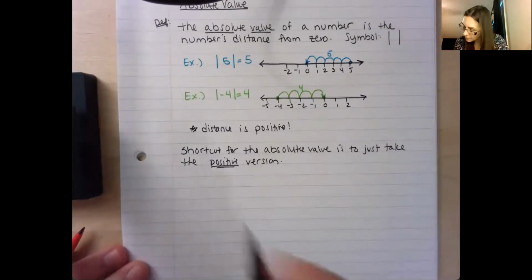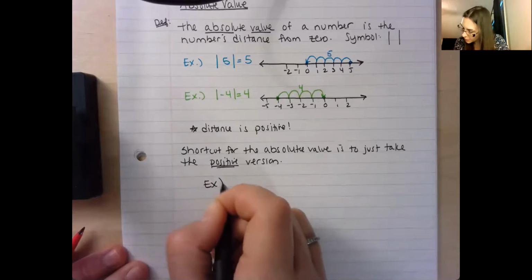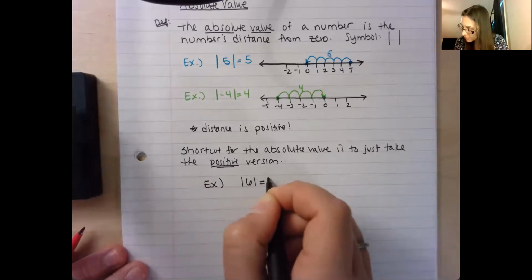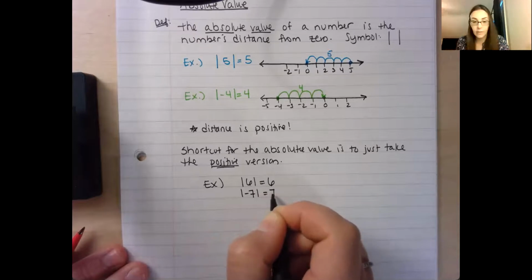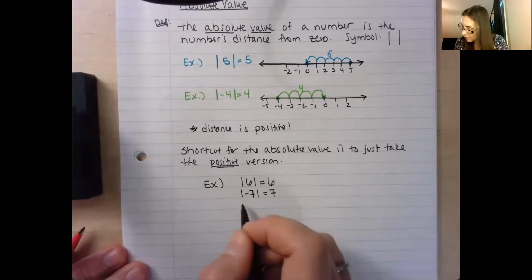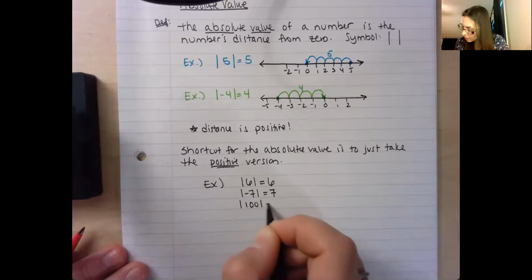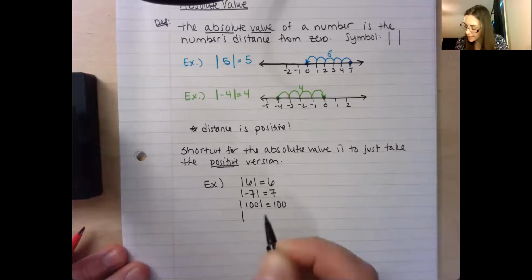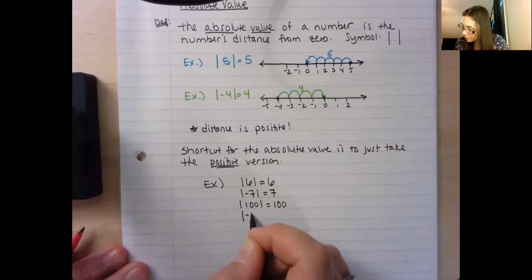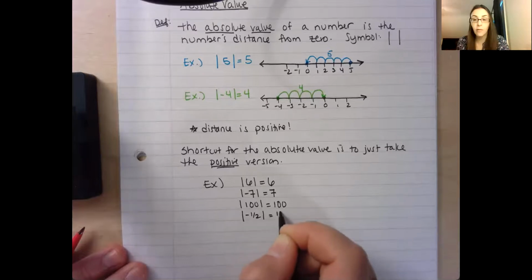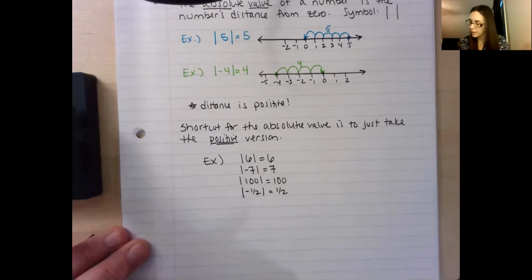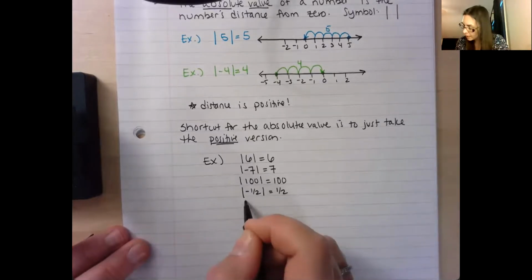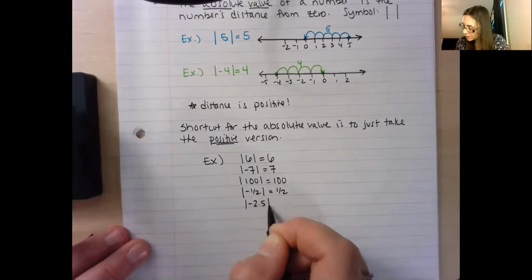So for instance, the absolute value of 6 stays 6. The absolute value of -7 becomes +7. The absolute value of 100 is 100. The absolute value, I'm going to bring in a fraction here, of -1/2 is +1/2. So even with decimals or fractions, it's going to be the same definition. I just want to make that clear. So the absolute value of -2.5 would be +2.5.